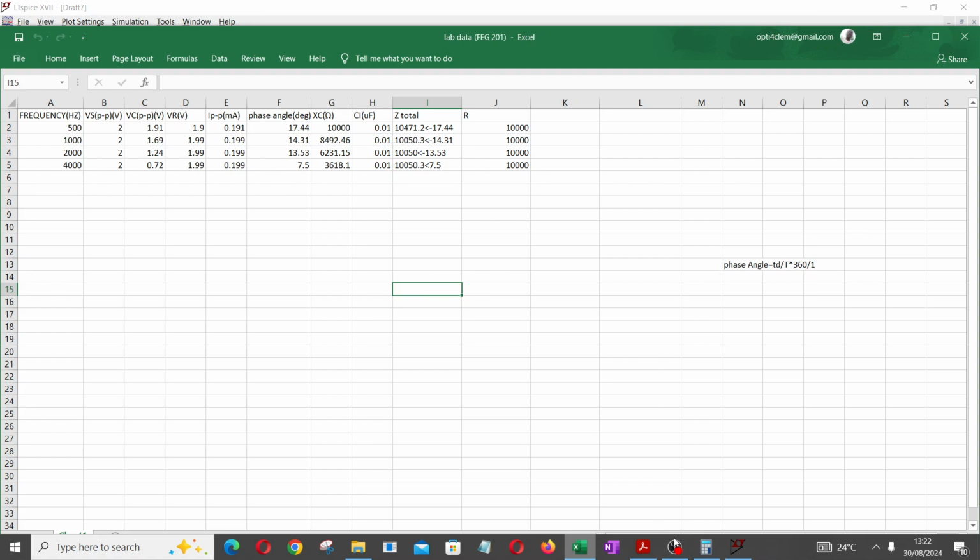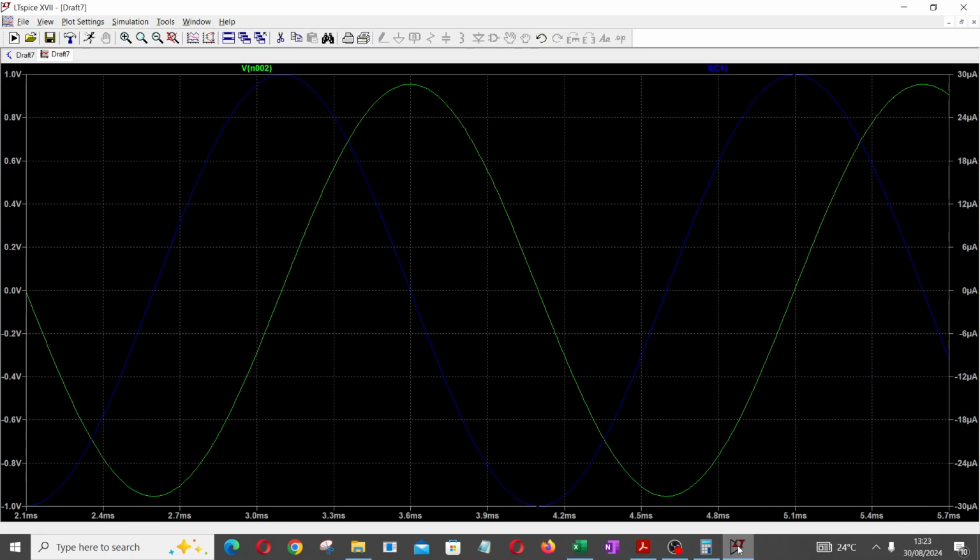So we are going to see how we get those two parameters. When you look at this waveform now, you want to know the time difference between the point at which this one gets to its peak and the point at which this one gets to its peak. That will give you the phase angle between the voltage and current. By what angle is the current leading the voltage?